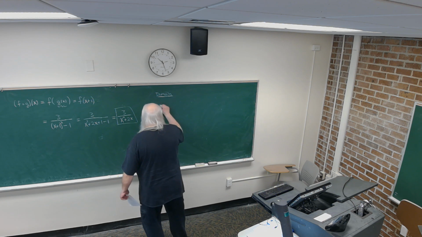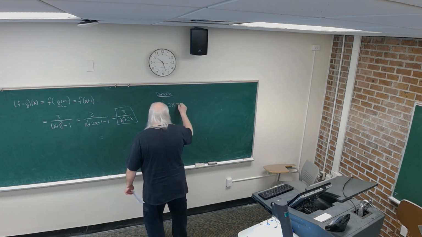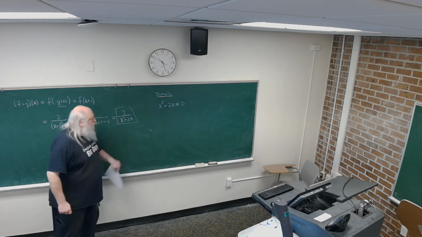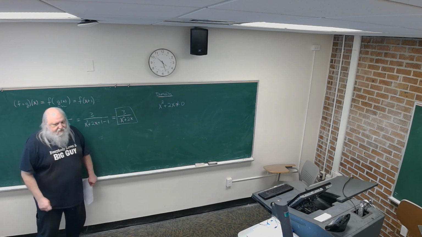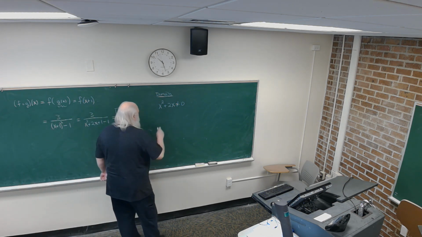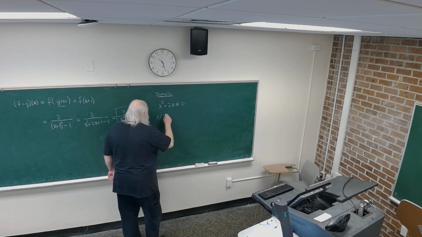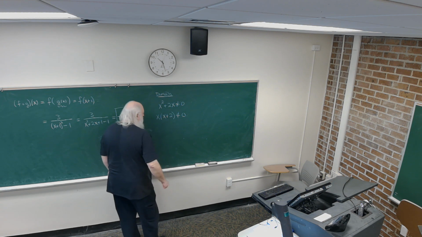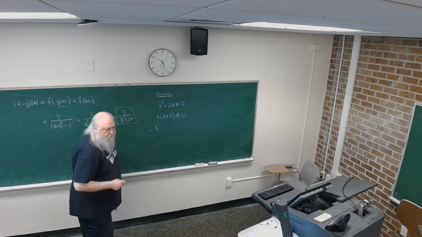So to find the domain, we set the denominator x squared plus 2x not equal to 0, right? X squared plus 2x can equal any other number, it just can't equal 0. And now you know you can factor out an x on the left. So we have x times x plus 2 can't equal 0. So we have a product of 2 factors.